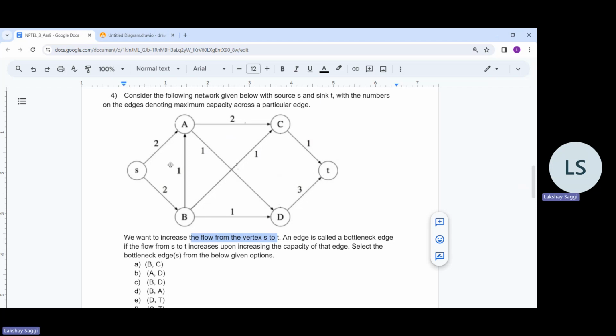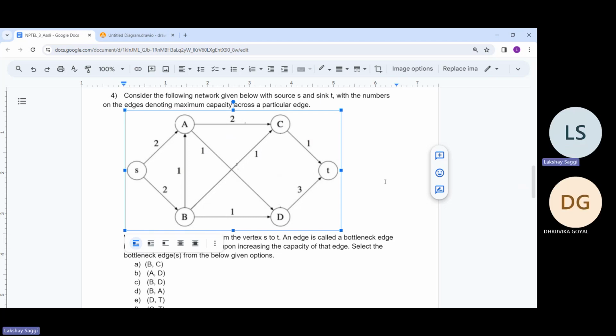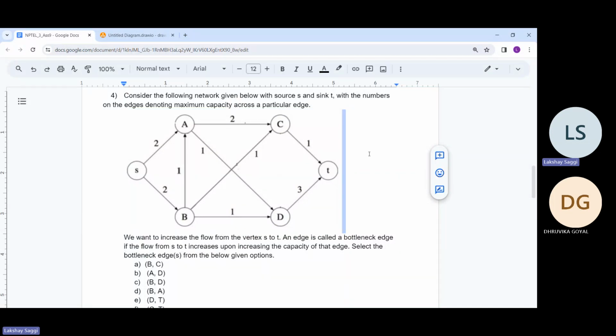In this network, there will be some flow going from S to T, right? So we can find the maximum flow in this graph. If you calculate it, the maximum flow will come out to be equal to 2, or I believe something like 3. So the minimum cut will come out to be of size 3 or so.